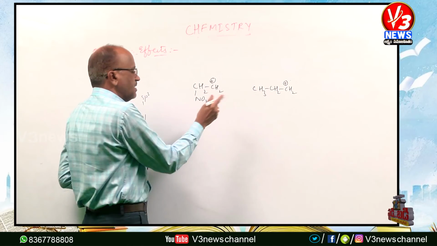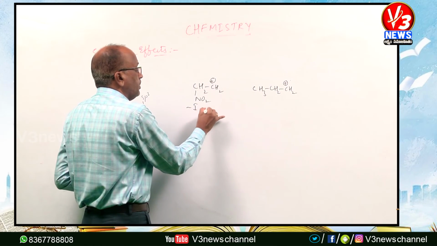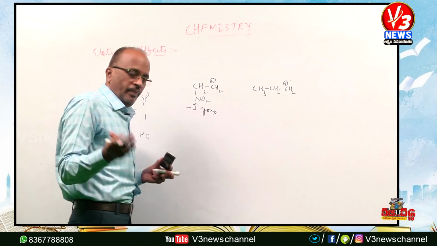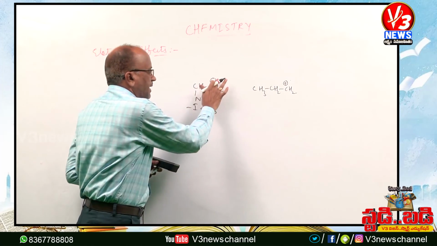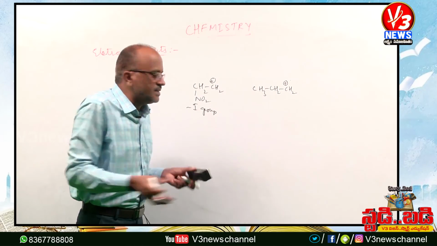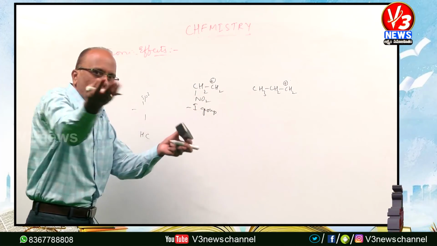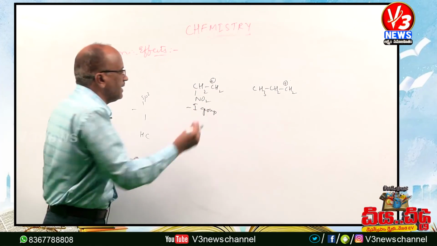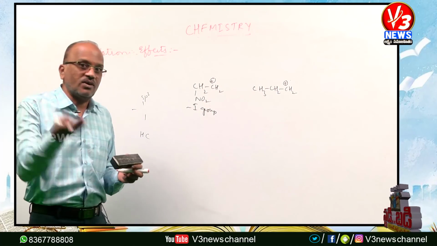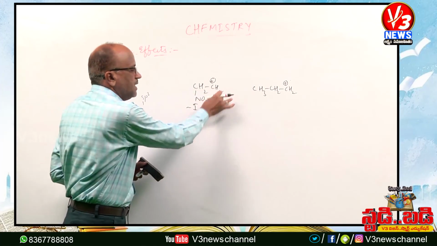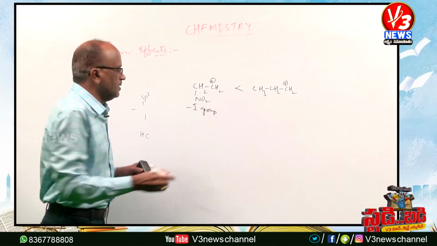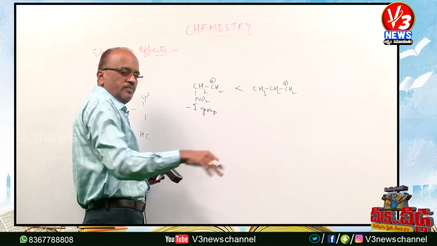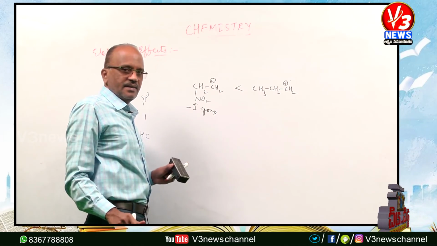What is the nature of this NO2? This is a minus I group. Minus I group means it is electron withdrawing. Already this carbon is electron deficient. Still this NO2 group is trying to pull electrons from this electron deficient carbon. That is why this becomes less stable. So, if there is a minus I group, stability decreases.